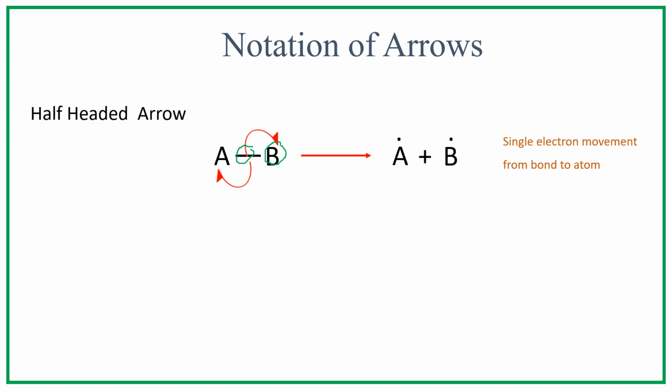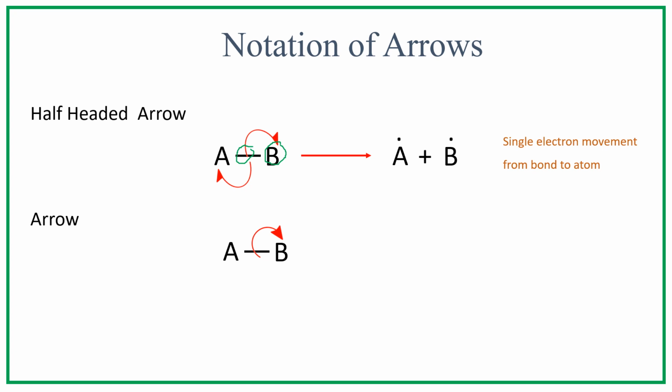In this example the bond breaks. Why? Because two electrons, one goes to B and one goes to A, so two radicals form, as shown in this example.